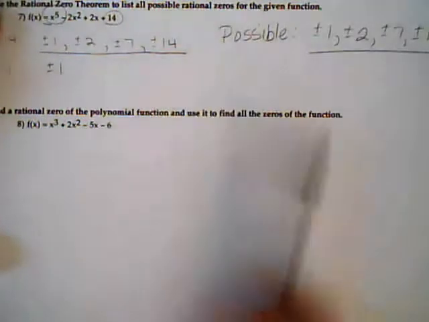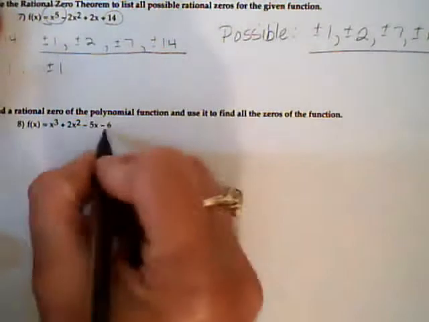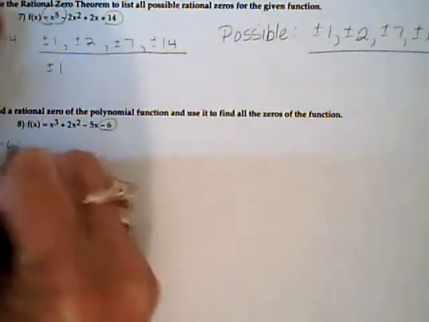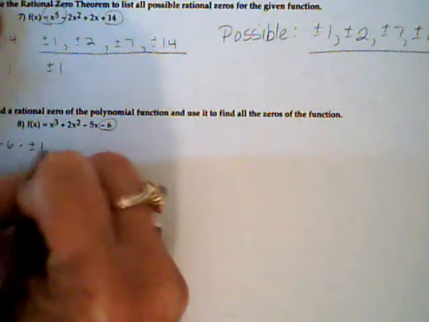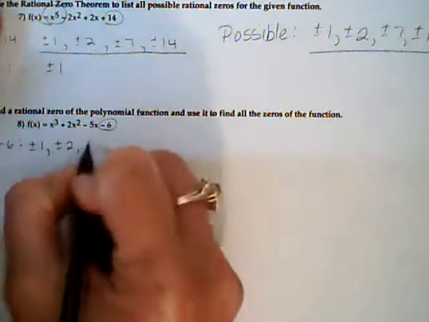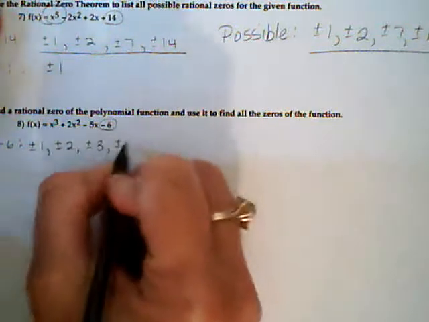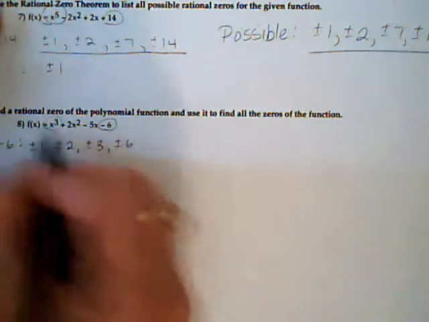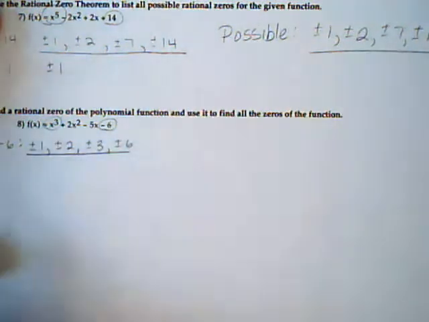So I'm going to use the rational zero theorem. The factors of 6 could be plus or minus 1, plus or minus 2, plus or minus 3, or plus or minus 6, over the leading term, which is a 1 again, so that's just plus or minus 1.